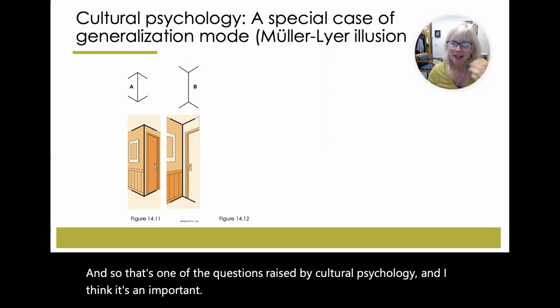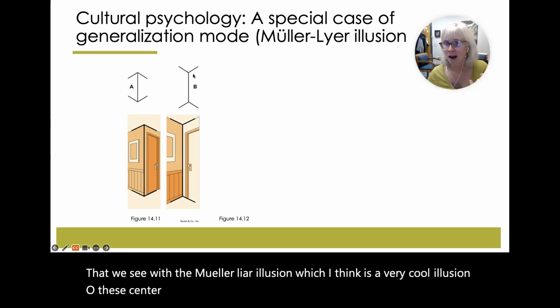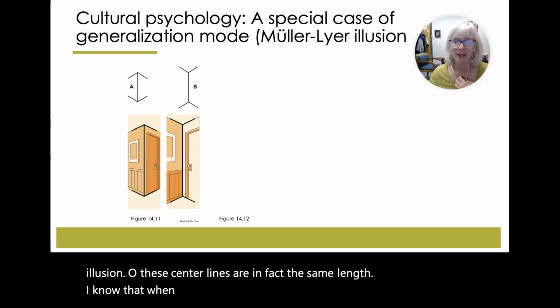And I think it's an important issue that we see with the Müller-Lyer illusion, which I think is a very cool illusion. So these center lines are in fact the same length. I know that when I look at them, I don't see them as the same length.